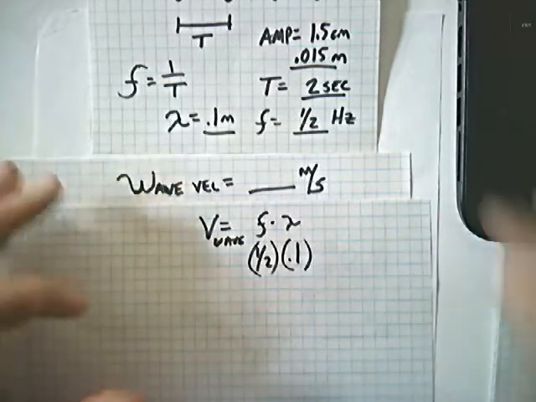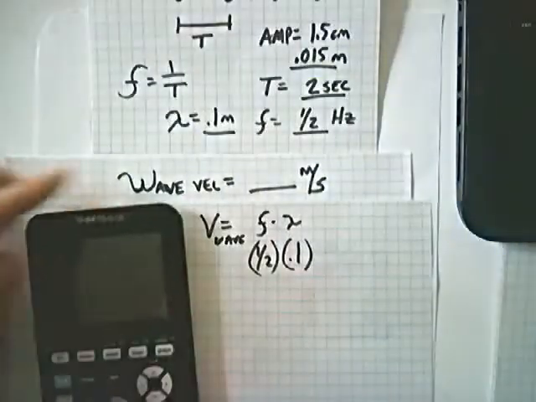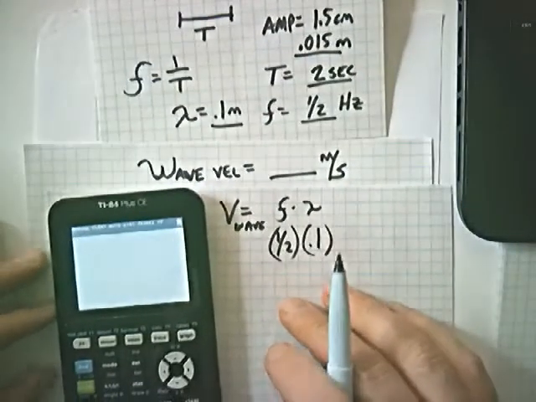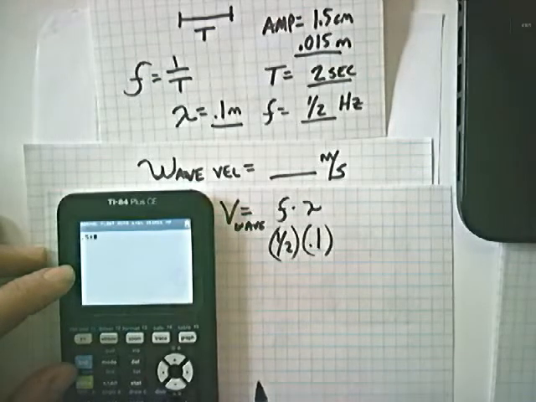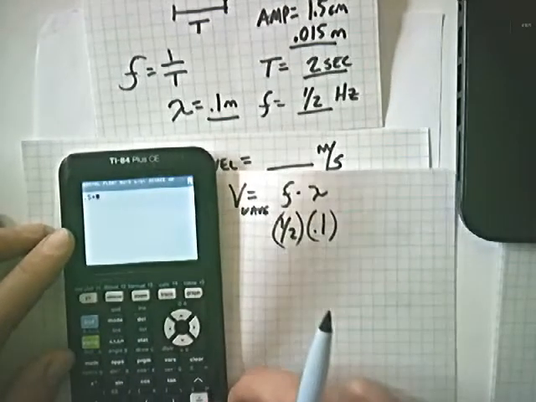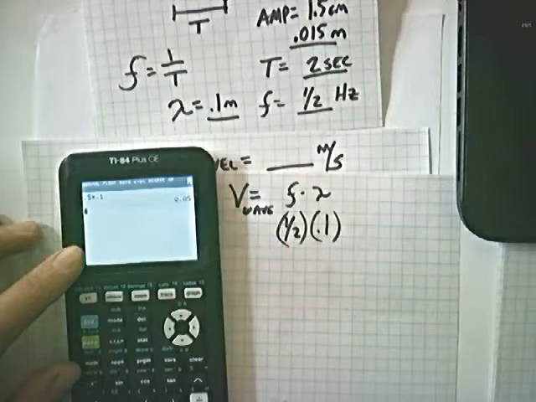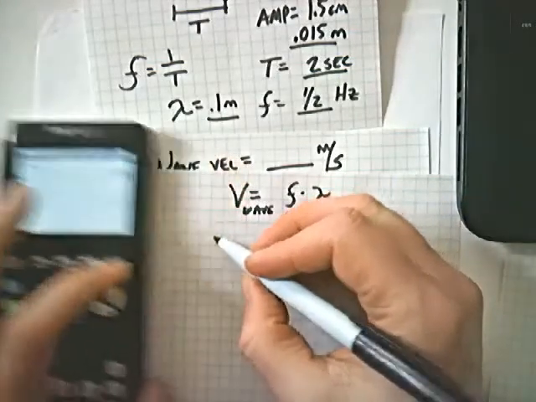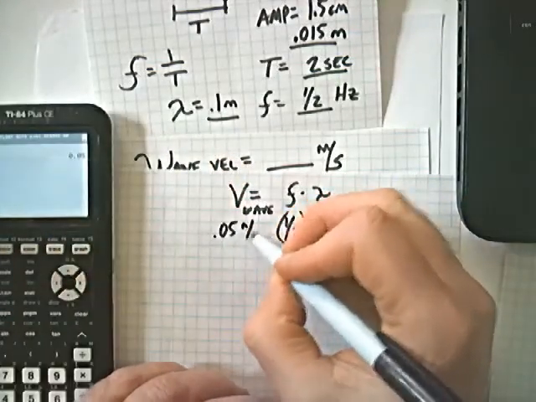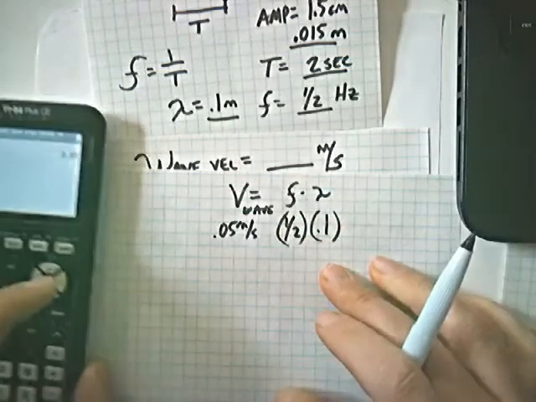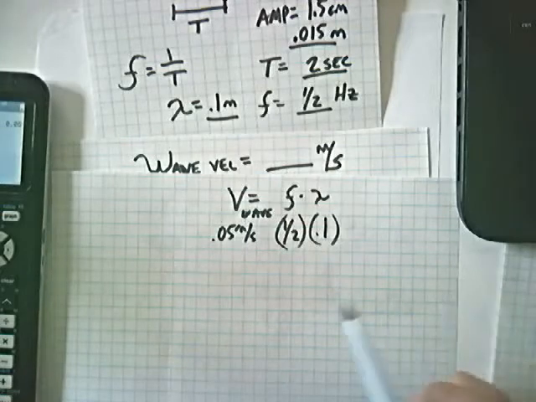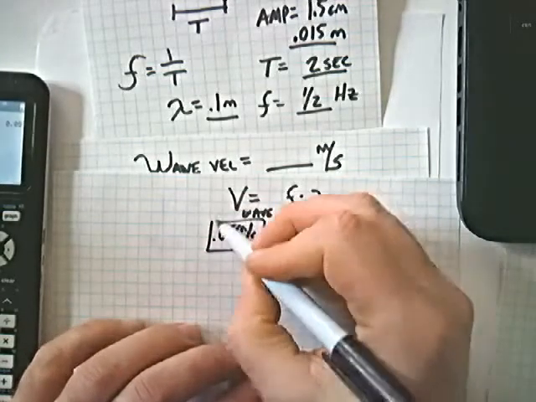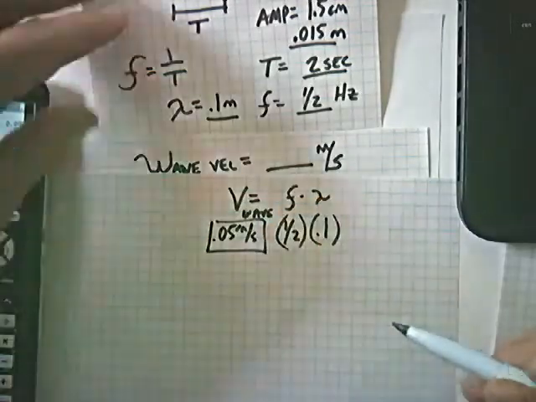So if we multiply those two things together, you end up with the velocity of the wave. So if we take 0.5 and multiply it by 0.1, you see you get 0.05 for the wave speed. Now that's in meters per second. So it would make sense that the energy might be traveling at 5 centimeters per second. So that's the first thing that we have to find, wave velocity.